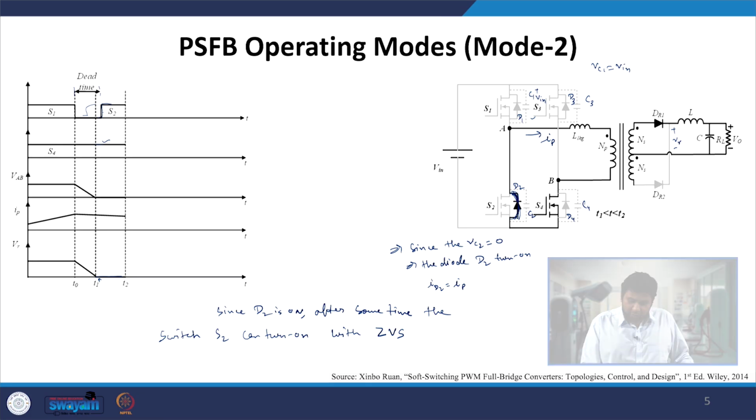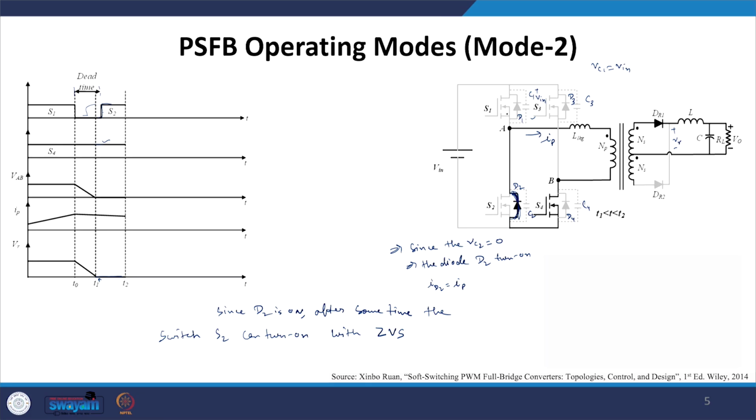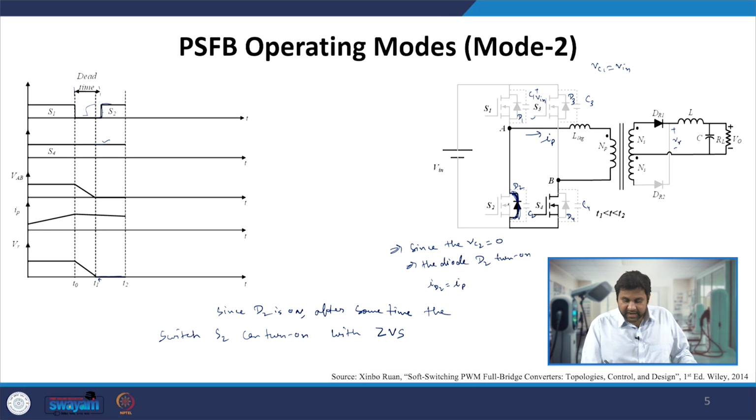Now if you look very carefully, before that S1 was on, then you turned off the S1 switch and S2 was already off. So during that time there was a dead time, with no active pulse given to either S1 or S2.